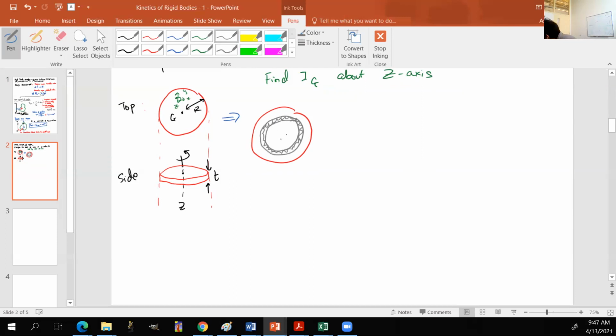Right? So the distance of the sliver, let's say small r, and the thickness of the sliver is dr.